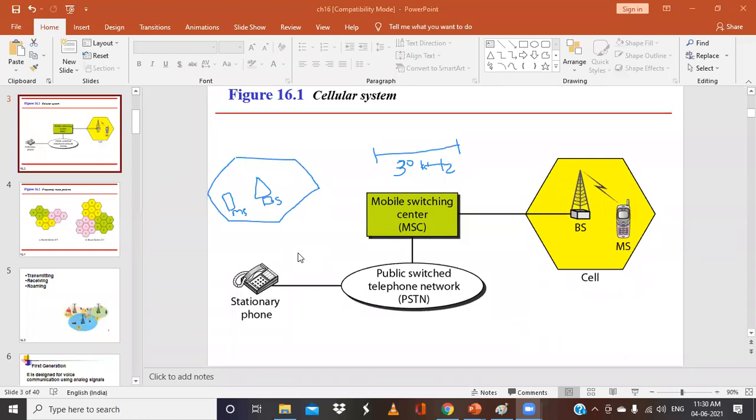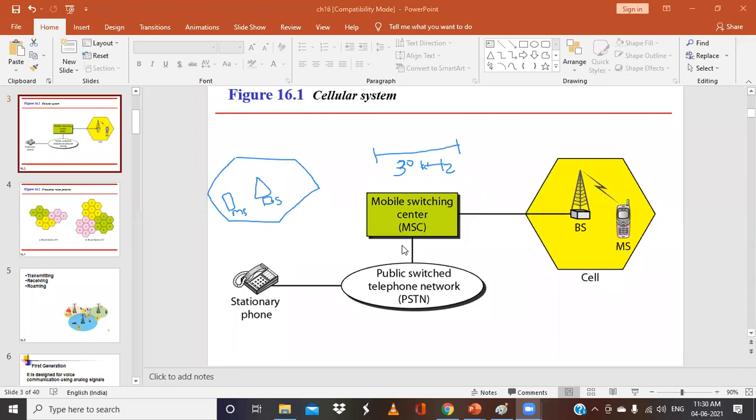It sends a query signal to all the nearest cells, and wherever the mobile station is available, it sends an acknowledgement saying I am located at this particular area. So that information will be received back.